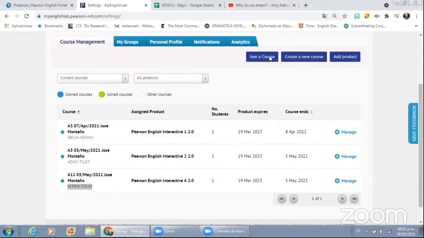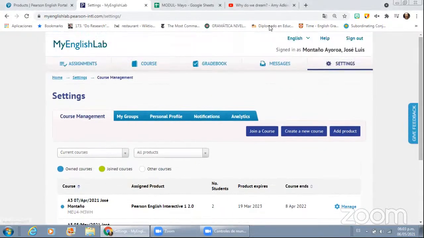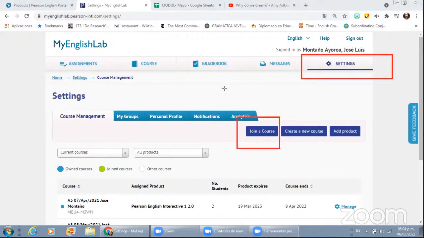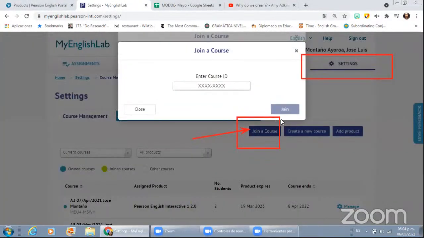All right. So in the chat, you can find the ID to use when you join a course. Look, it's very simple. I think you did it before. You only need to log in. When you log in, you need to go to settings. And then when you go to settings, you are going to go here, to join the course. You click over there, and you're going to have a window like this one.